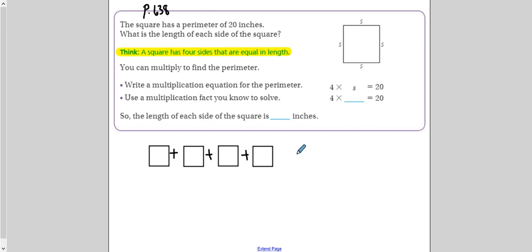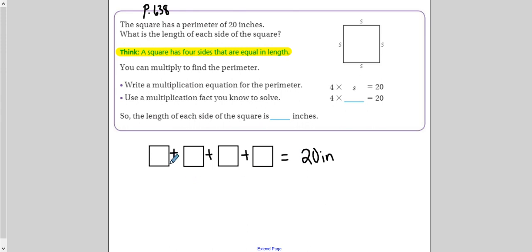And when we add all 4 of these numbers up, and they are the same, we're going to get a perimeter of 20 inches. So I need to think of a number that if I add that same number 4 times, it ends up giving me 20. Well, we can guess and check: 1 plus 1 plus 1 plus 1 is 4.